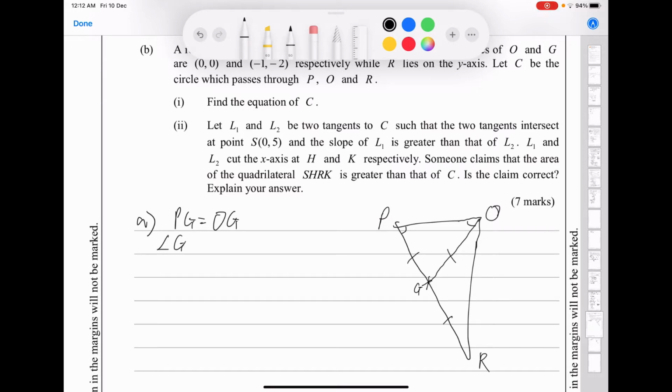GPO equals GOP. So let them be theta. Theta, theta. So this one will become 2 theta because of the exterior angle of a triangle.